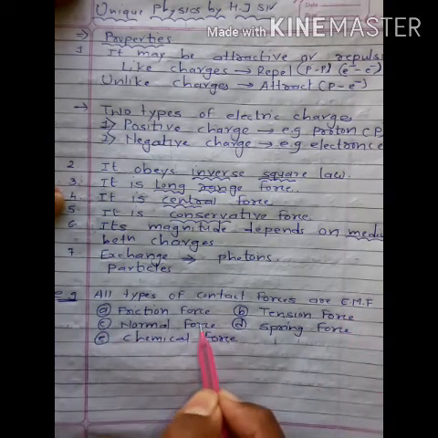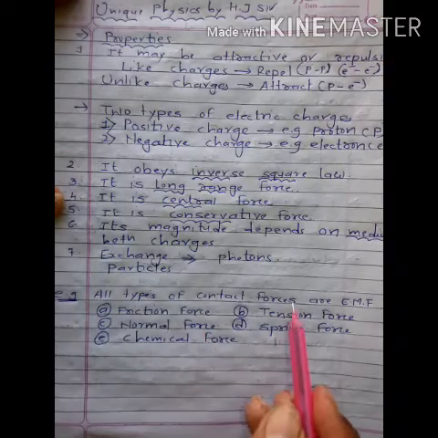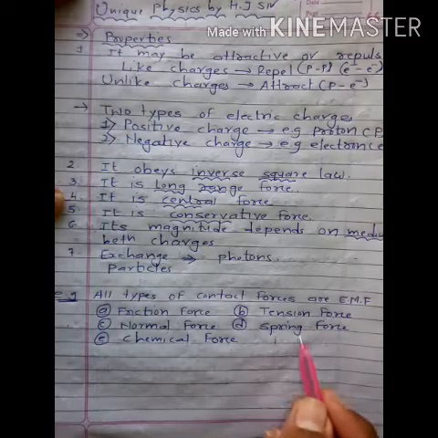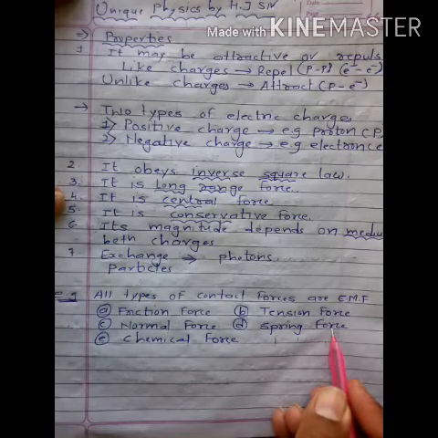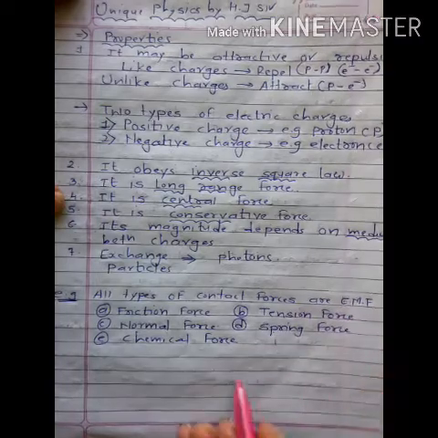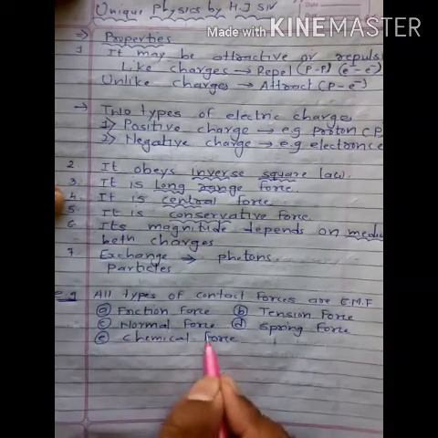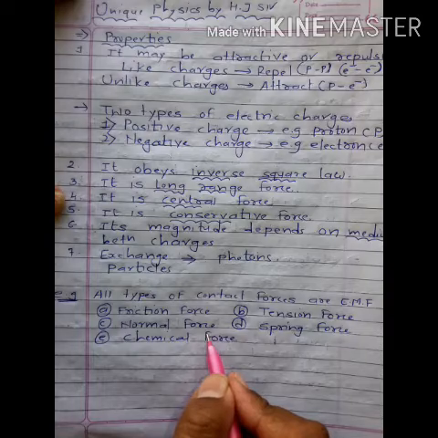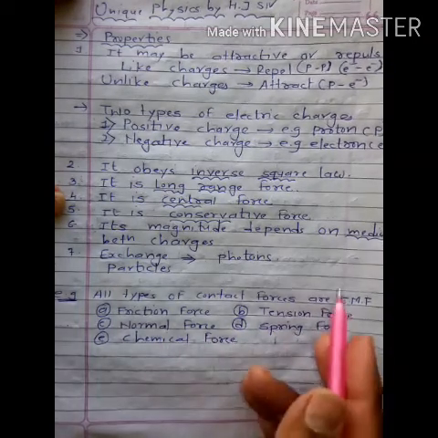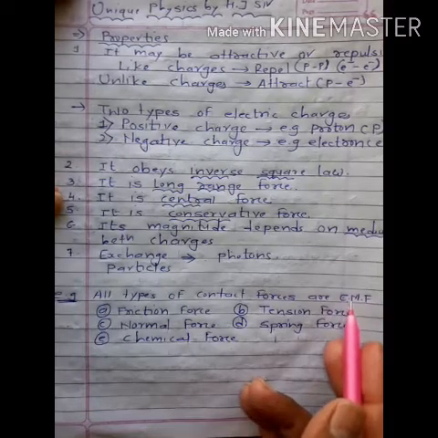Number 3, normal force. It is also a type of electromagnetic force. Next, spring force. The force produced in a spring is called spring force. It is also a type of electromagnetic force. And last, chemical force. Clear? Some chemical reactions occur because of chemical force. This is nothing but electromagnetic force.